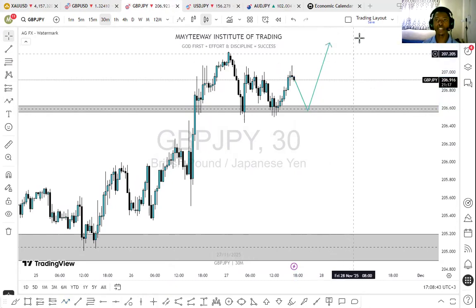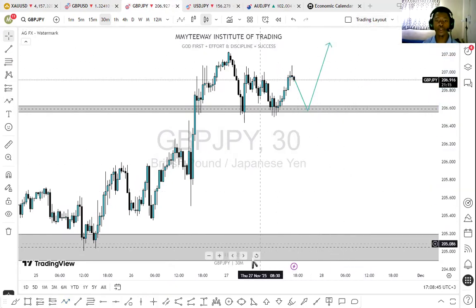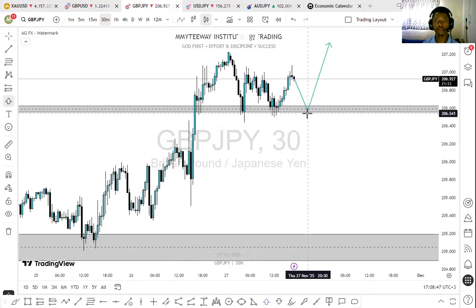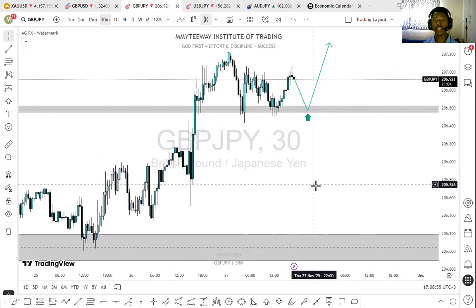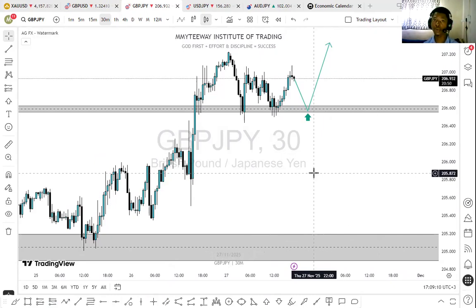What I've discovered is that when I trade GBP USD, GBP JPY, USD JPY, and AUD JPY, most of the times they have a strong correlation. When we say correlation, we mean that when this pair does this, the other pair should also do this. It might lag by about 30 minutes, 1 hour, or 2 hours, but eventually it will do that.